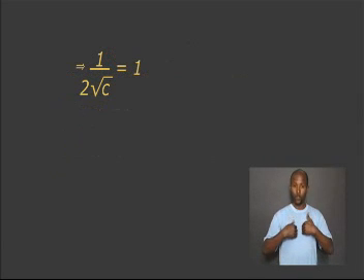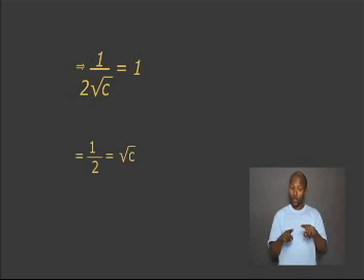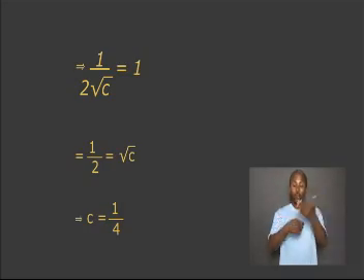So we have established that 1 over 2 times the square root of c equals 1. When we solve for c, we find that c equals 1 over 4. 1 over 4 is the only value of c that satisfies the conclusion of the mean value theorem.